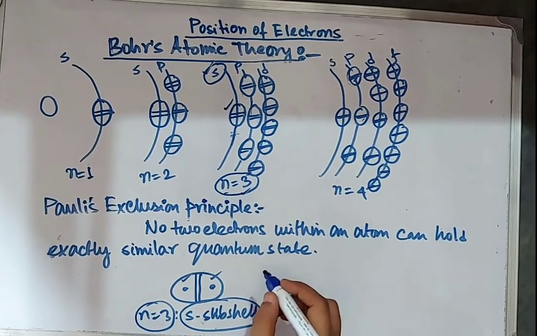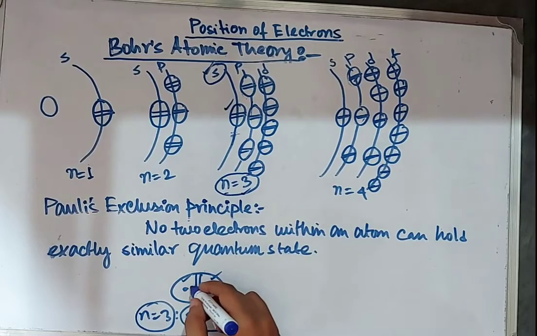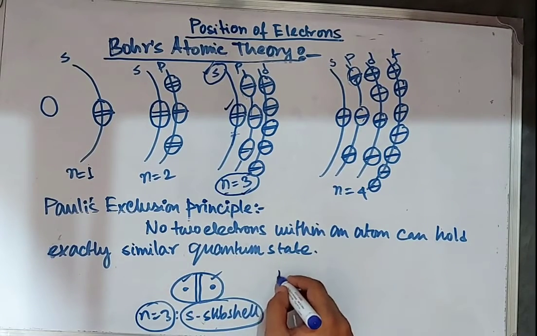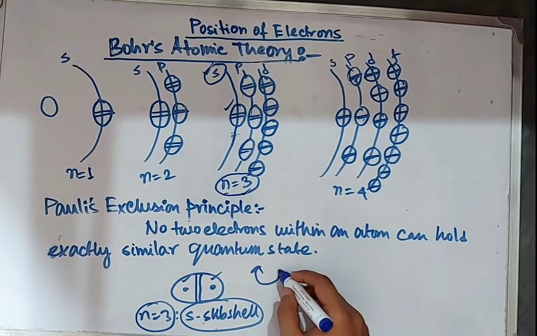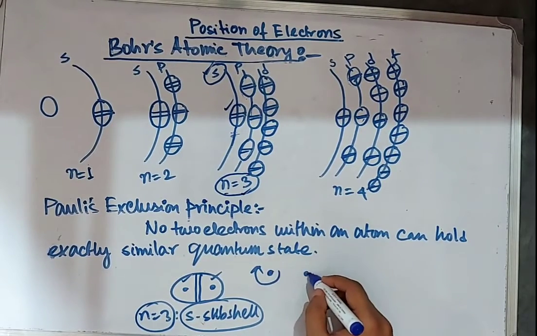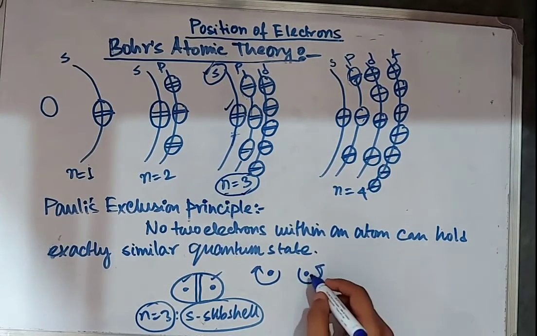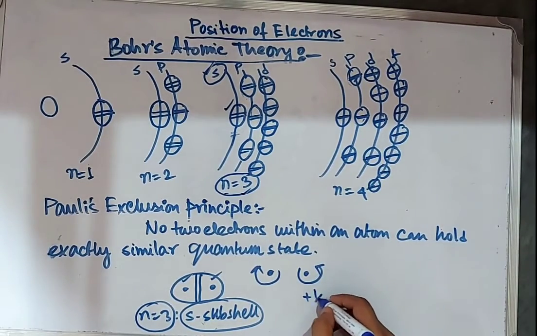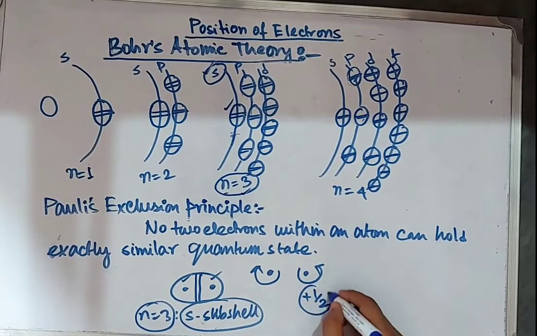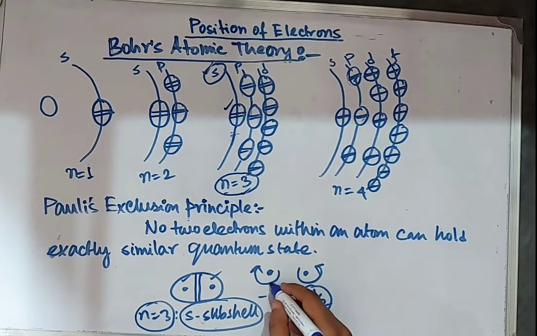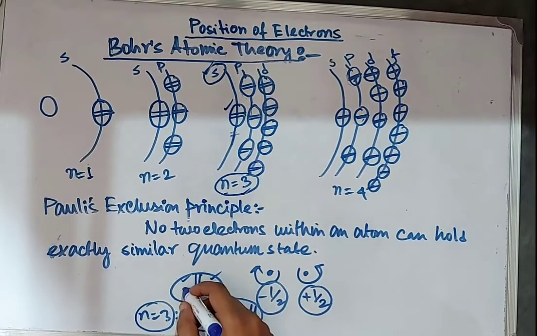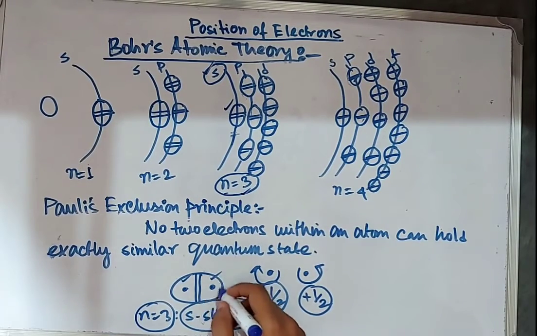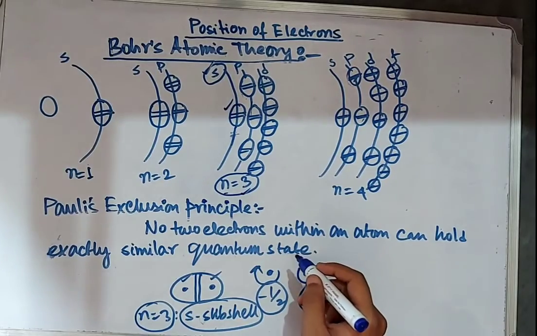So that is why Pauli came with his idea that if one electron is moving in clockwise direction, then the other electron will be moving in anti-clockwise direction. In the anti-clockwise direction the spin quantum number is plus half, and in the clockwise direction the spin quantum number is minus half. That differentiates these two electrons present in the same orbital.